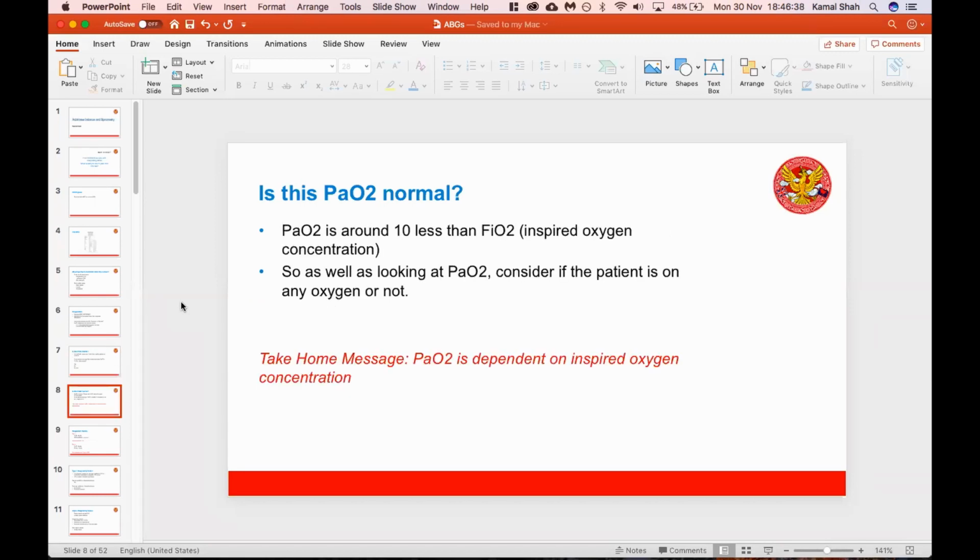A really quick way of doing this is that the PaO2 should be around 10 less than the FiO2. So the FiO2 is the inspired oxygen concentration.